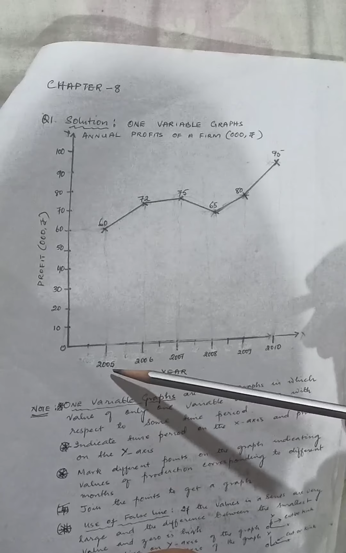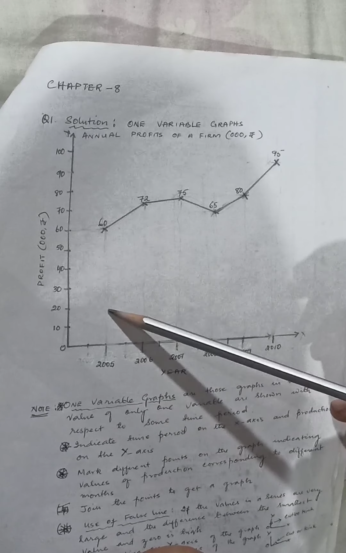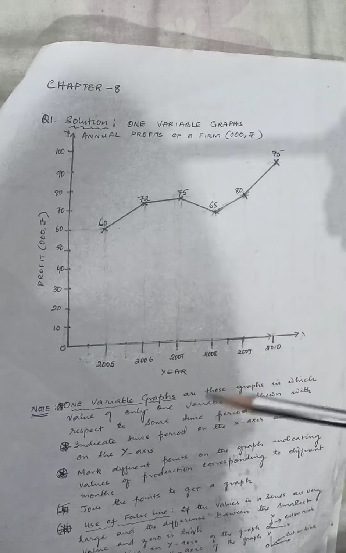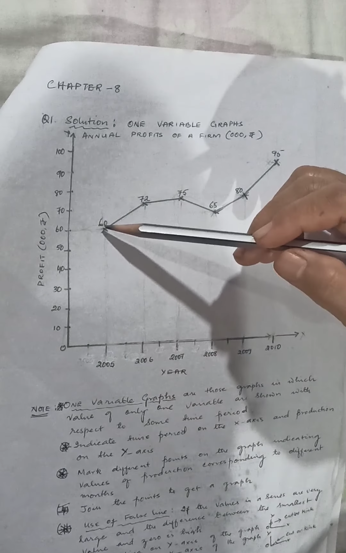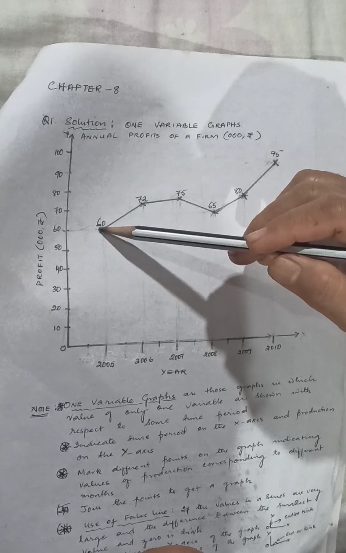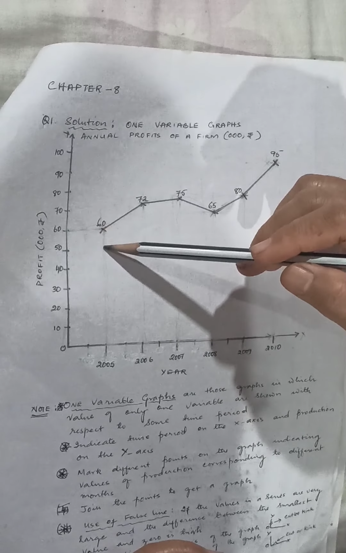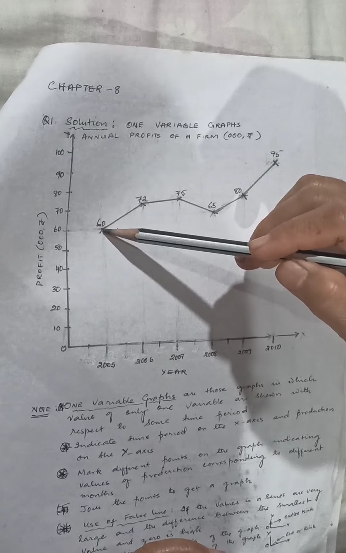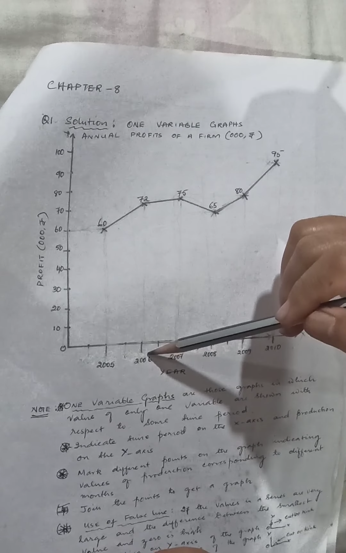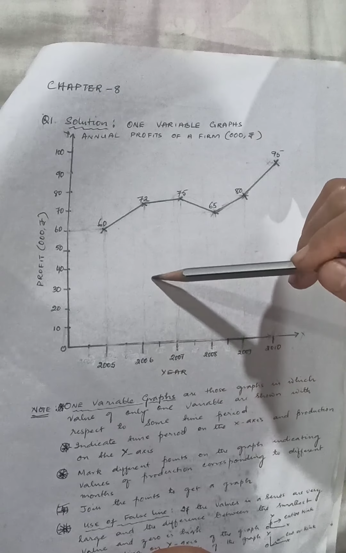So let us look at 2005. When I draw a line up like this with a slide of the pencil, the profit is 60, so where the lines meet I plot it. In 2006 the profit is 72.